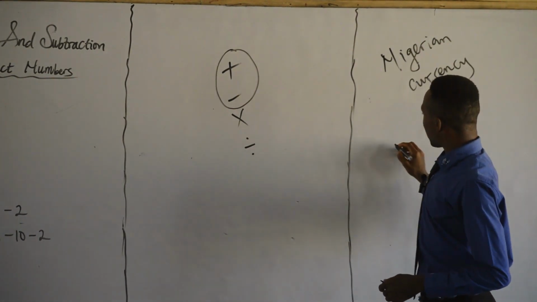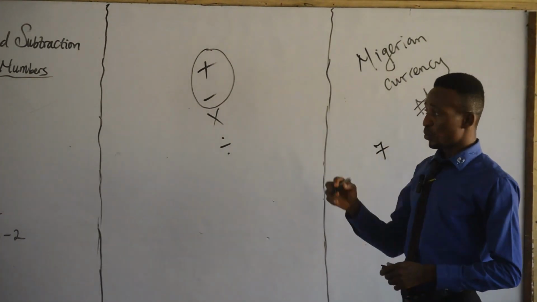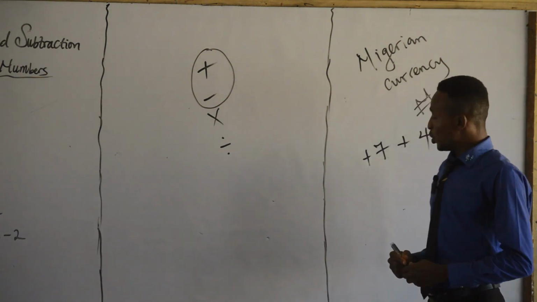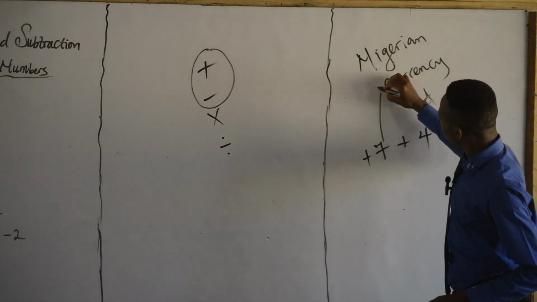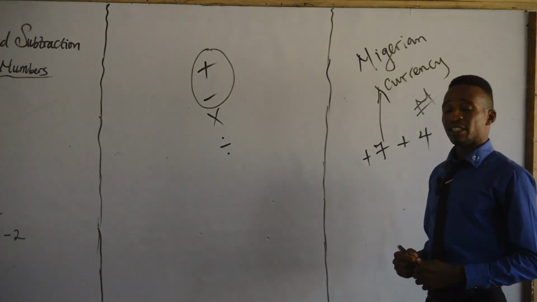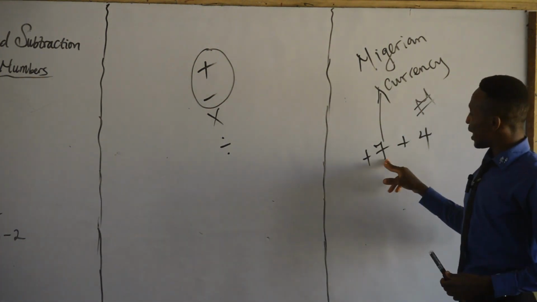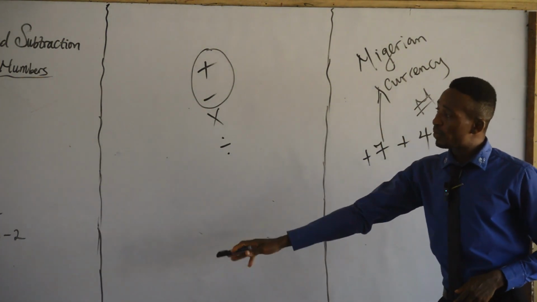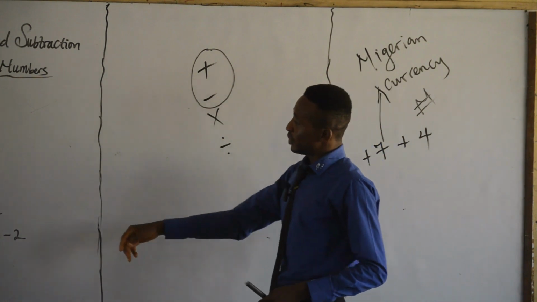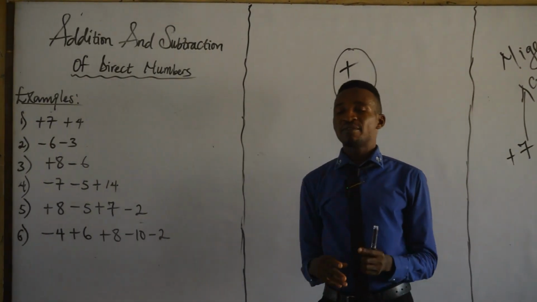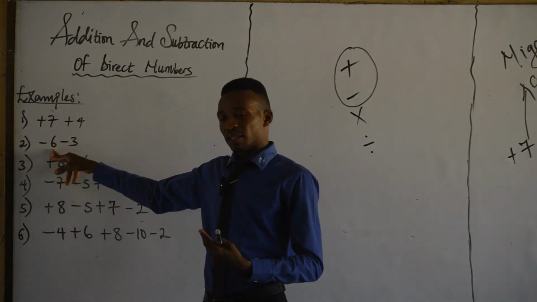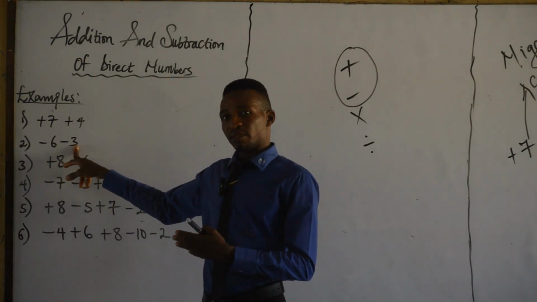If you have a number, like in this first question, we have plus 7 plus 4, you assume that the number is standing for a particular value in Nigerian currency. So we assume we are having 7 Naira. And the same thing applies to any other number that you have here. Like here that you have 4, we assume we are having 4 Naira. In the second example, where we have 6, we assume that we are having 6 Naira. Here that you have 3, you assume you are having 3 Naira.